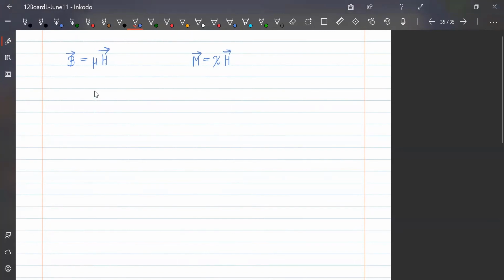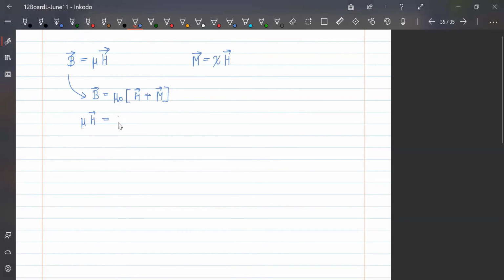And we have this relation: B vector equals mu naught times H vector plus M vector. So I can write B vector is equal to mu H vector.